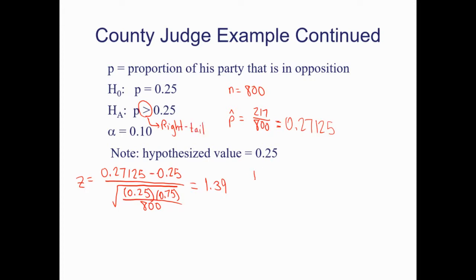I want to find the probability that Z is greater than 1.39. Now, does my Z table give me greater than that? No, it gives me less than. So I need to do 1 minus the probability that Z is less than 1.39.